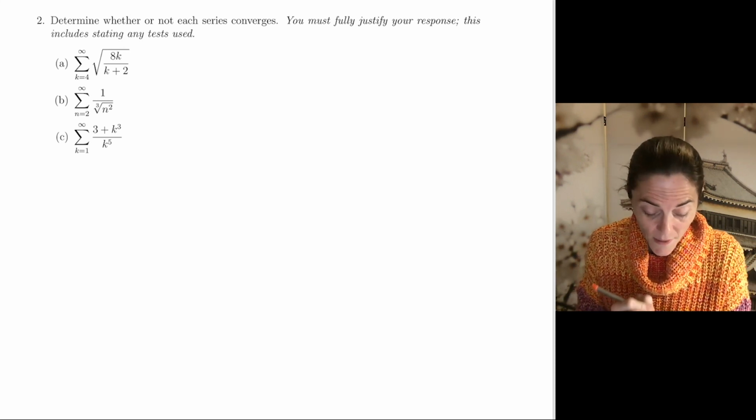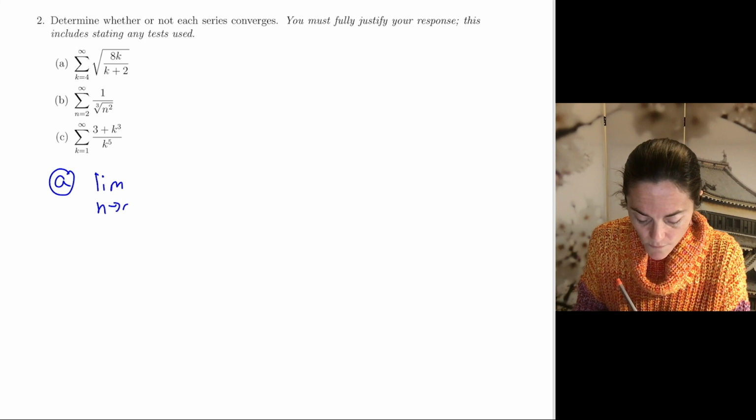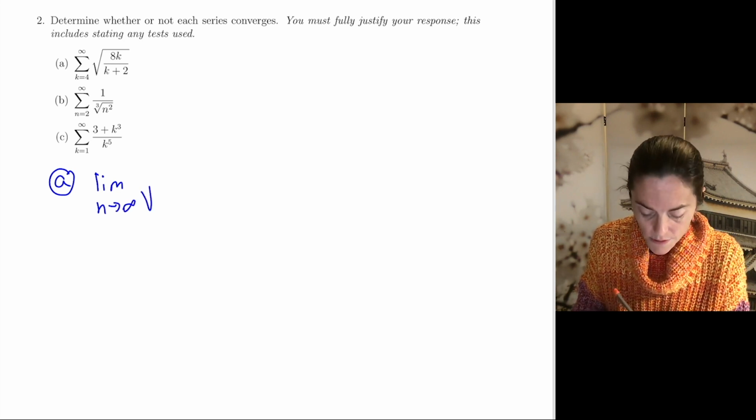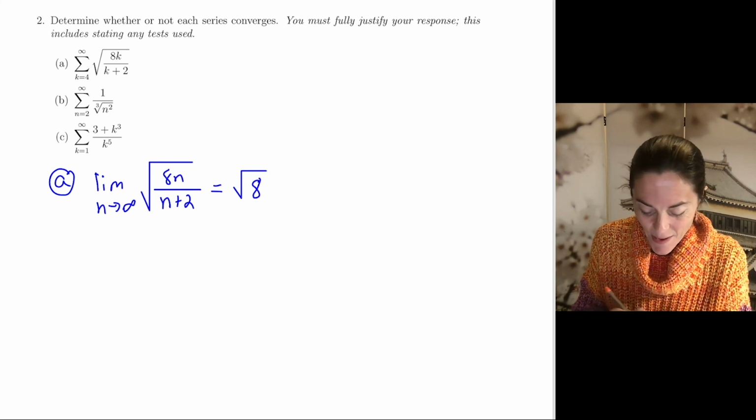This is going to be immediately an answer for A, because if you take the limit as n goes to infinity of the terms, which is the square root of 8n divided by n plus 2, this goes to the square root of 8. How would you see this?